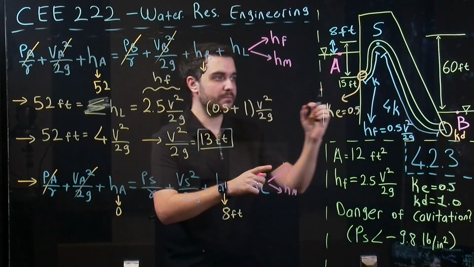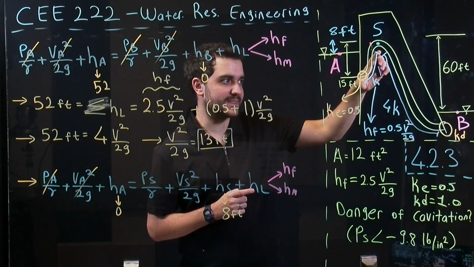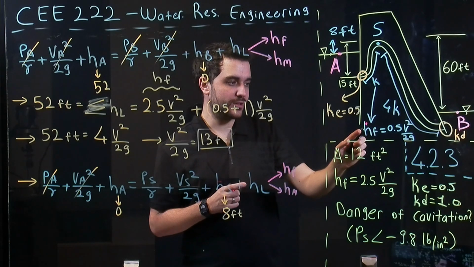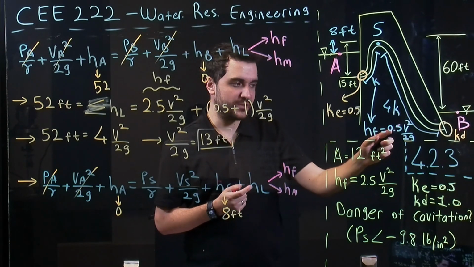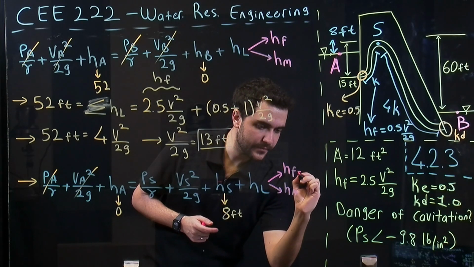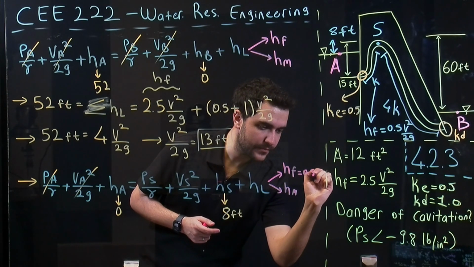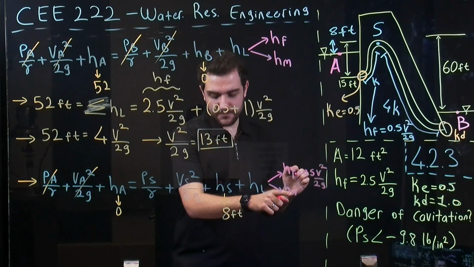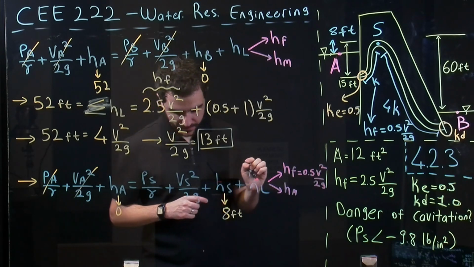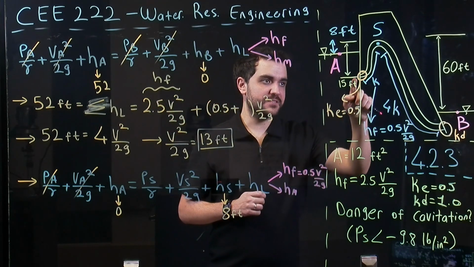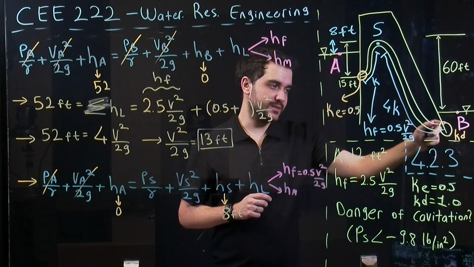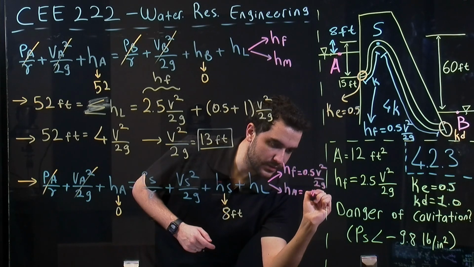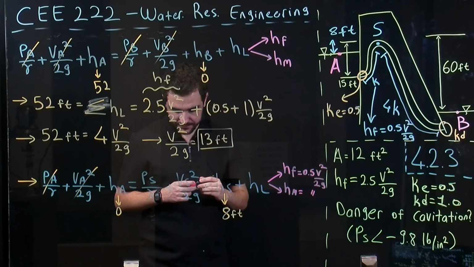For HF this time, since we will get this length, which is the only K, the friction head loss was 0.5 here. And we will have minor loss, which will be only this one because we are not considering this part, so it is also 0.5 v square over 2g.